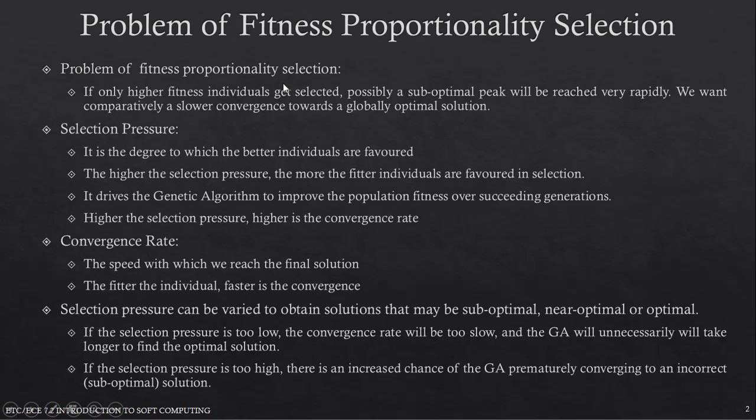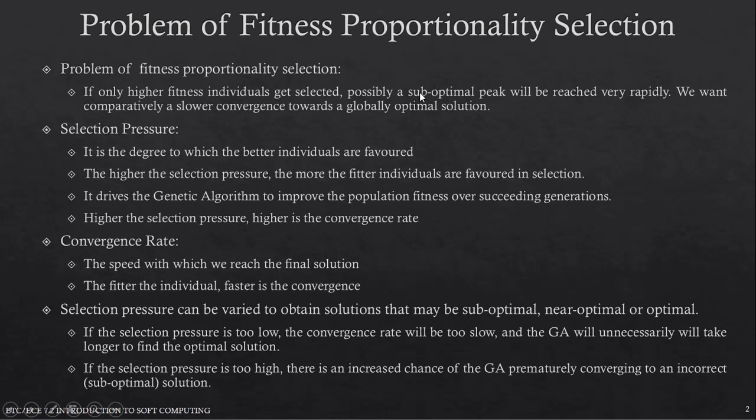If only higher fitness individuals get selected, possibly a suboptimal peak will be reached very rapidly. We want a comparatively slower convergence towards globally optimum solution.